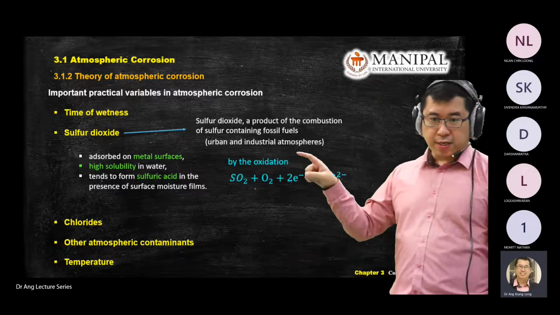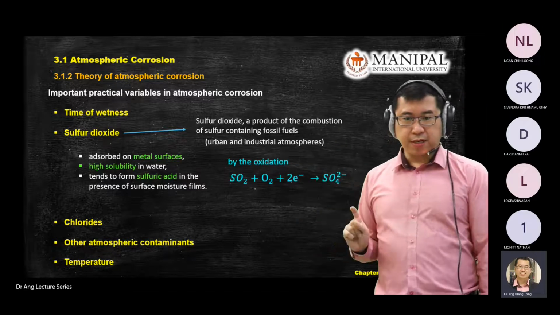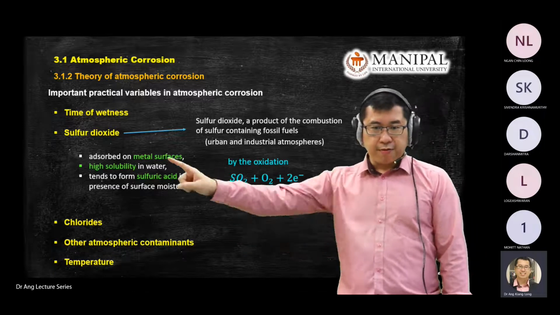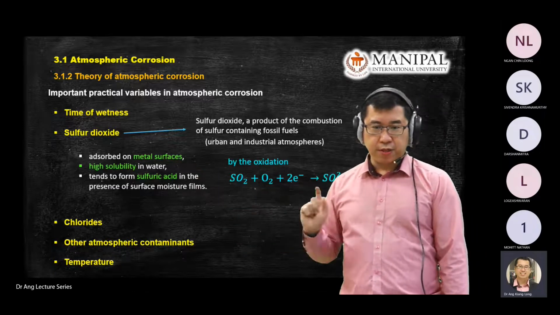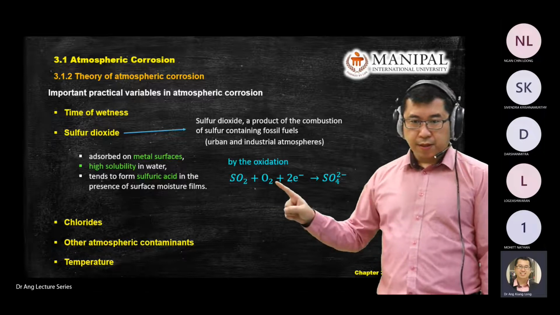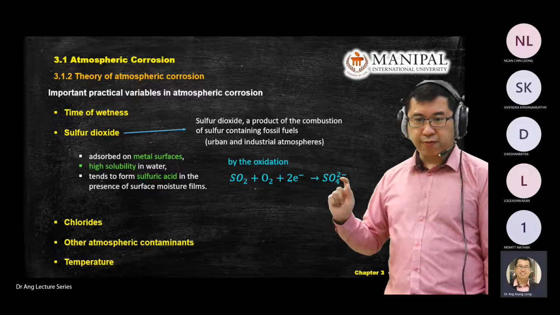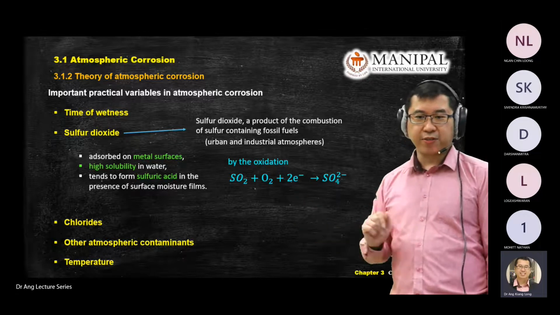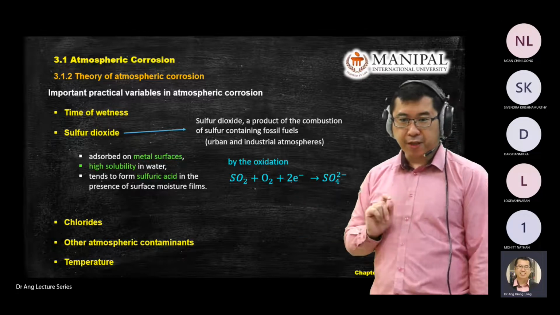So this is the chemical formula. When you have sulfur oxide combined with oxygen plus the 2 negative, again, you ask yourself, where can I get negative charge? Always from the metals component.